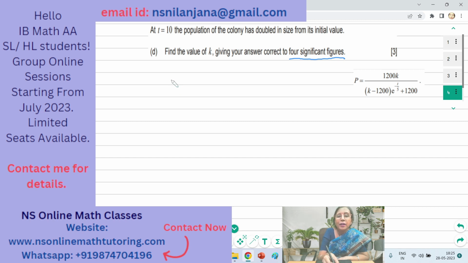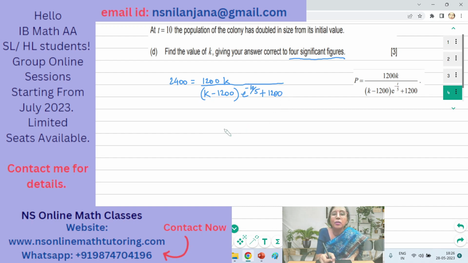So 2400 is equal to 1200K over K minus 1200, e to the power of minus t, t is 10, over 5, plus 1200. Not at all a good looking equation, but we have to solve it.